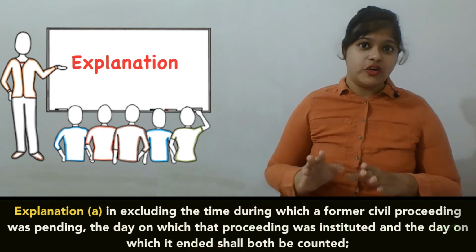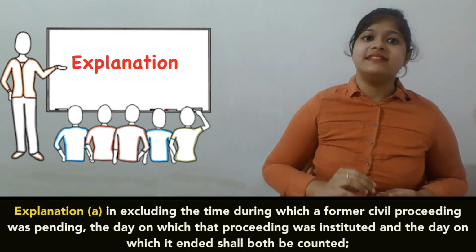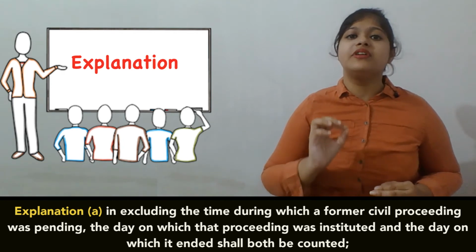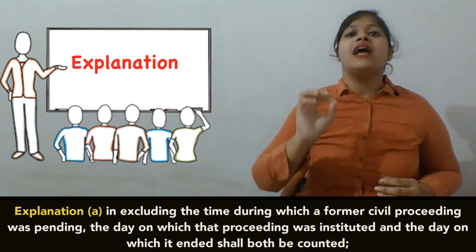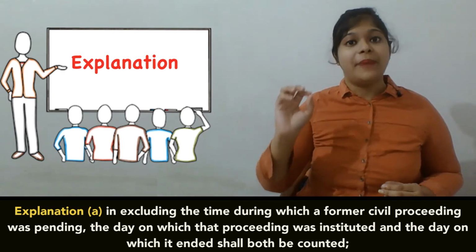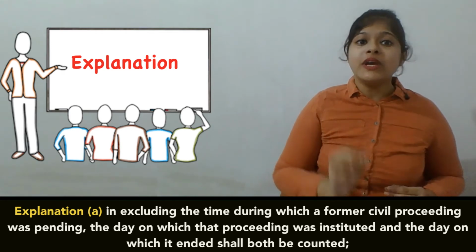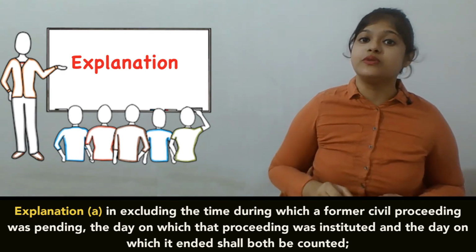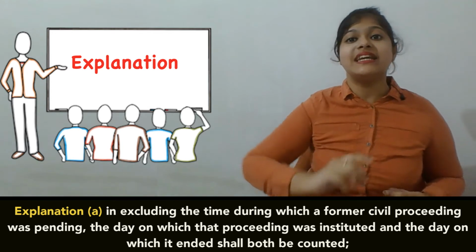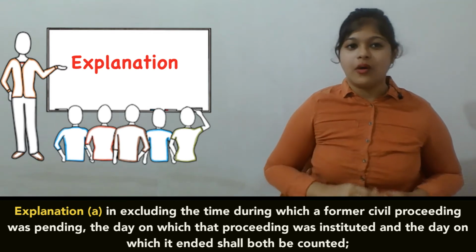Explanation A to Section 14: in excluding the time during which the former civil proceeding was pending, the day on which the proceeding was instituted, and the day on which it ended shall both be counted.